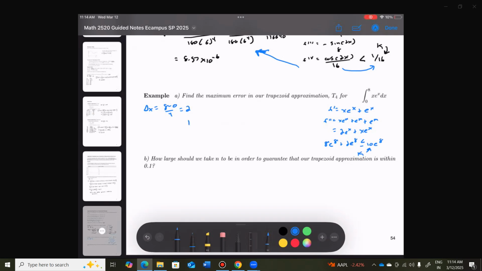So the absolute value of the error is less than or equal to k, 10e to the 8, times (8 minus 0) cubed over 12 times 4 squared.